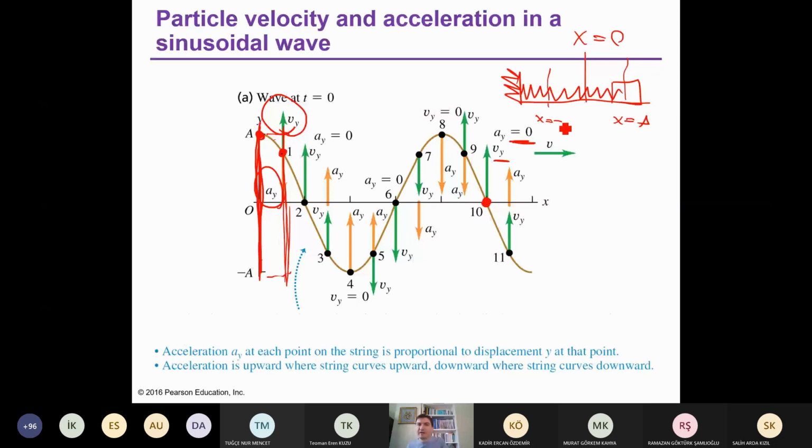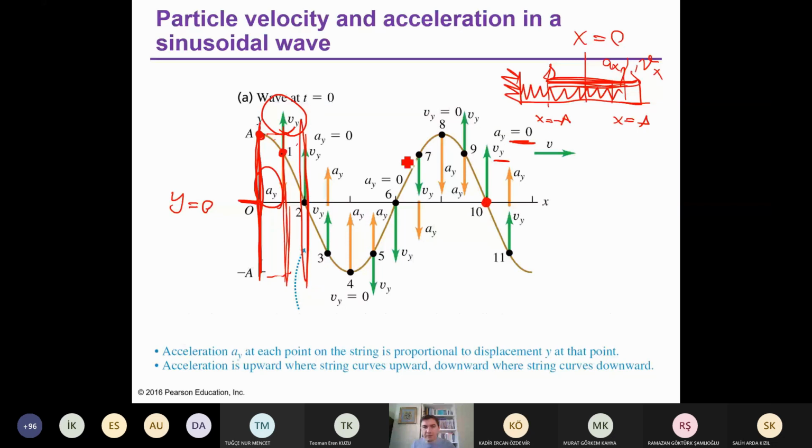Okay, so we have discussed a_x and also v_x of this mass. Okay, so it is the same. Let's consider this is the equilibrium, y is equal to 0. This is the equilibrium, and the particle is moving around this equilibrium.